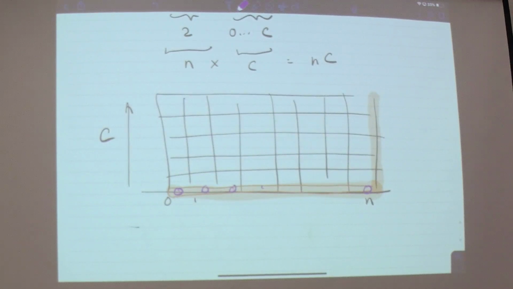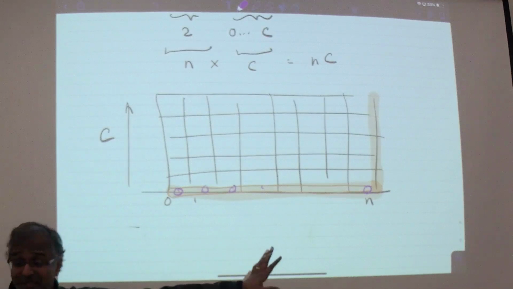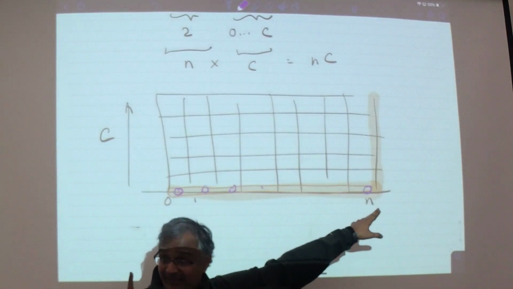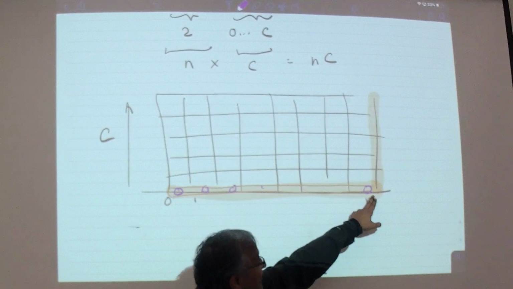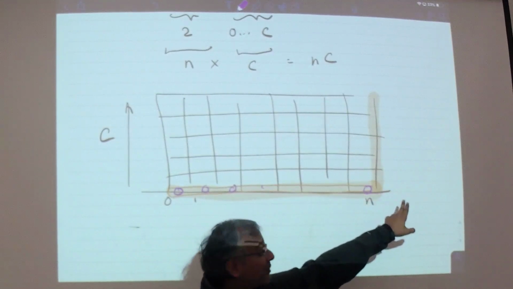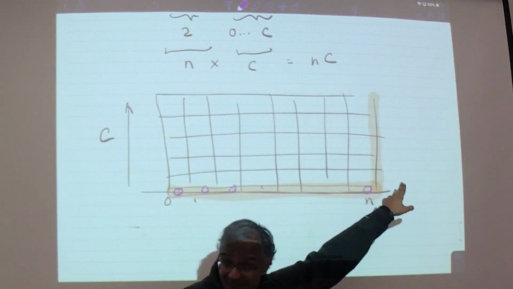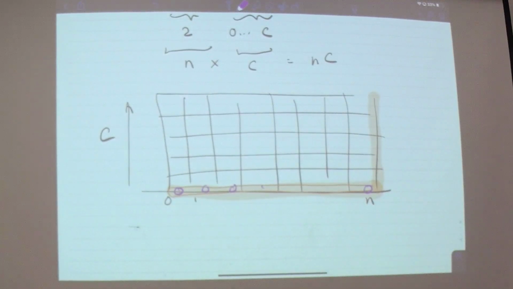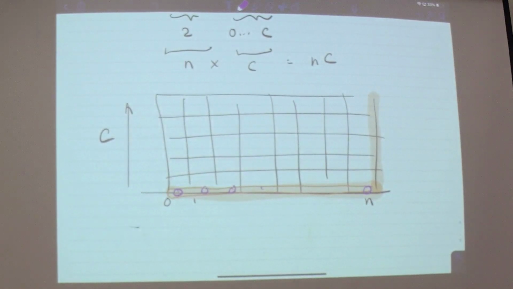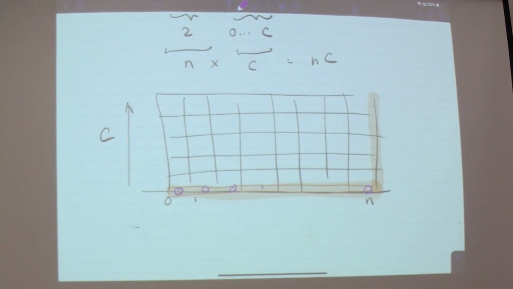No. There's only one element, right? Remember, at this stage, all I'm saying is, look, I have one element, element n, and I'm checking to see whether I can put it in the bag. So it's going to stay 0 till the weight of that element, right? Very good. So it's going to stay 0 till we get to the capacity of that element. And then you'll put the value of that element in that cell, because now I can put one of it, right? So now I can put Vn here.